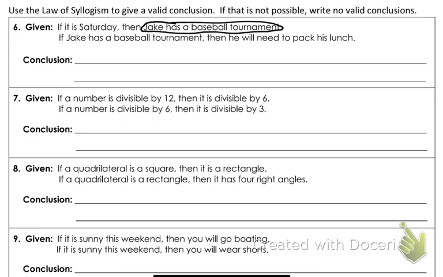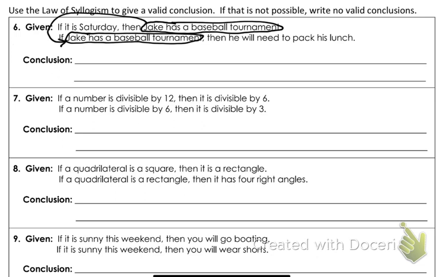The next one says, if Jake has a baseball tournament. Does that start the way the other one ended? Yeah. So because these two things match our conclusion with the hypothesis, we can paste these two statements together. So because these two things join up, we can make a shorter statement. We can cut out the middleman.